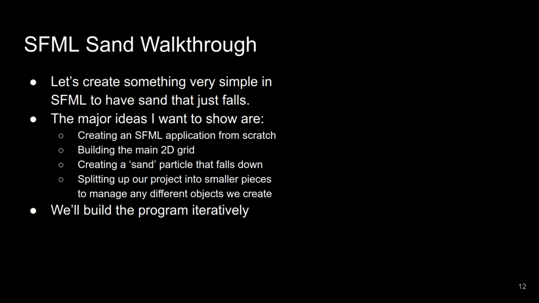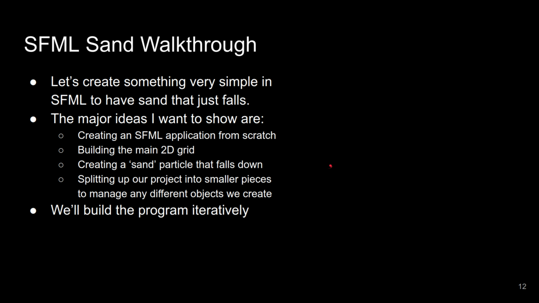How to create the SFML project from scratch, building a 2D grid for our world to keep track of the different cells, creating a sand particle that falls down and has some rules, and then splitting up our project into separate pieces to manage the different objects that we create. I'm going to build this program iteratively. I'll try to make some mistakes or design decisions and explain the design for us.